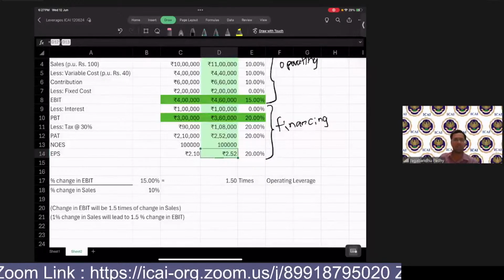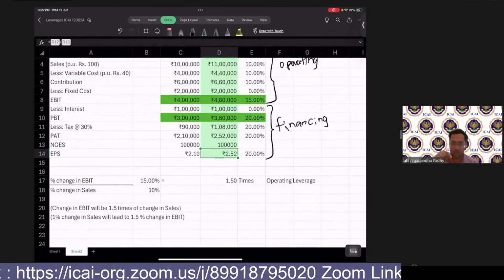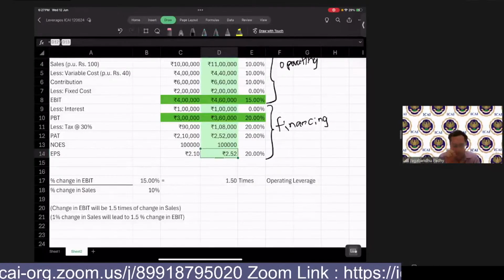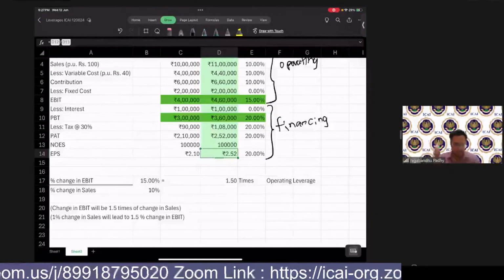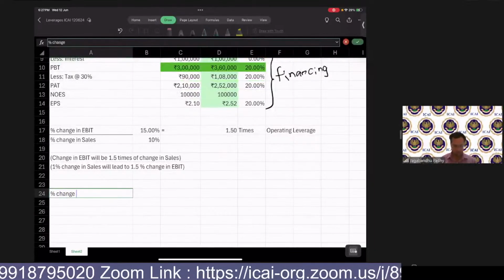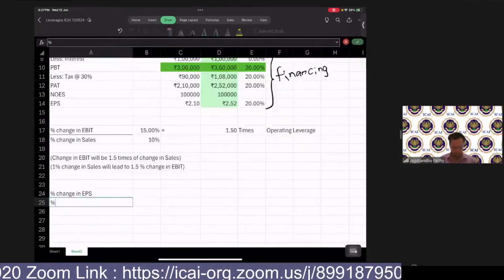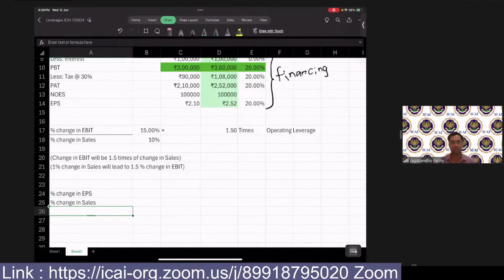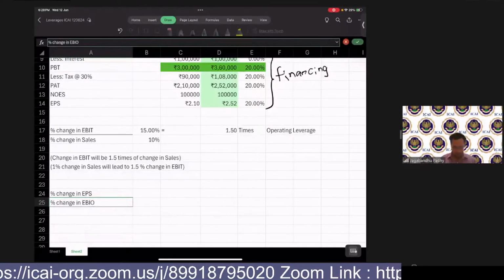You might have learned elasticity of demand in your foundations. EPS has changed from 2.1 to 2.5, which is a 20% rise. I'm looking at the percentage change in EPS.